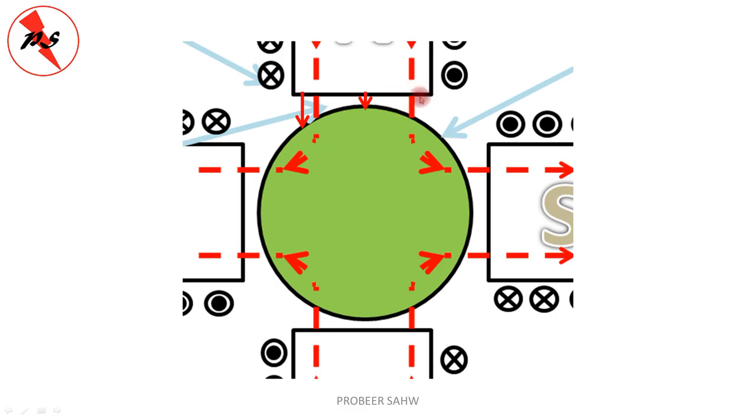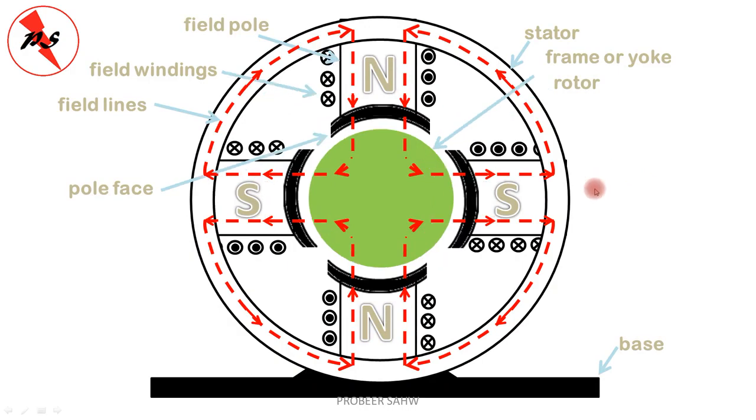So we modify these pole faces so that there is a uniform air gap and minimum reluctance is provided to these magnetic field poles. So we modify the field poles somewhat like this. We see that instead of having a flat profile of the field poles, we have a circular or arc type shape of the field pole face.